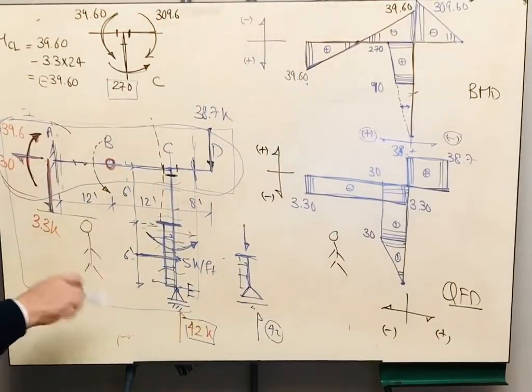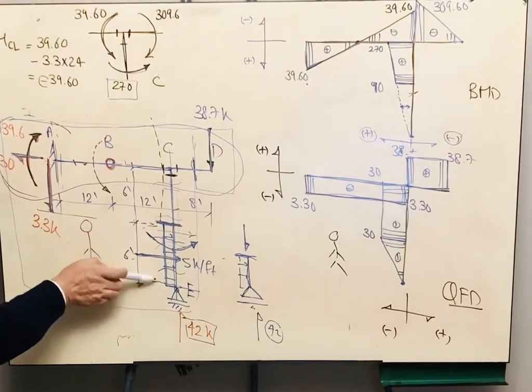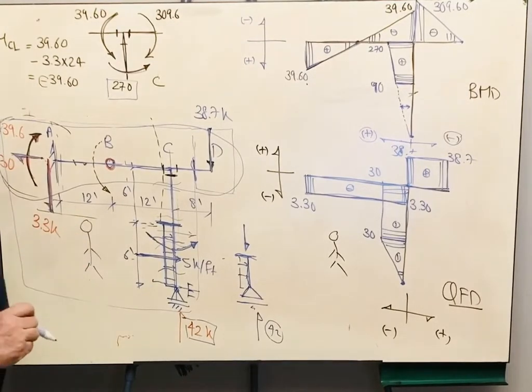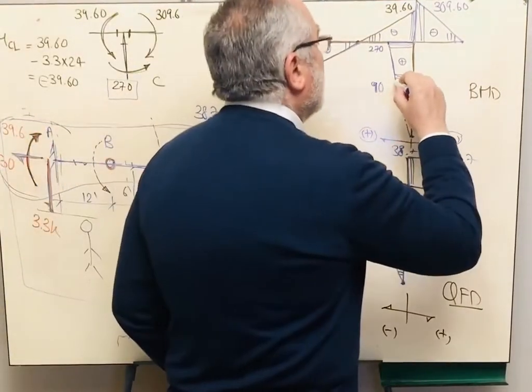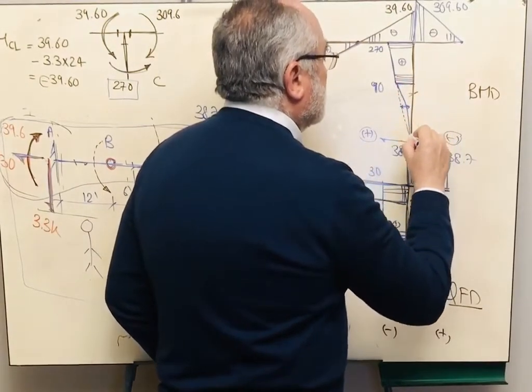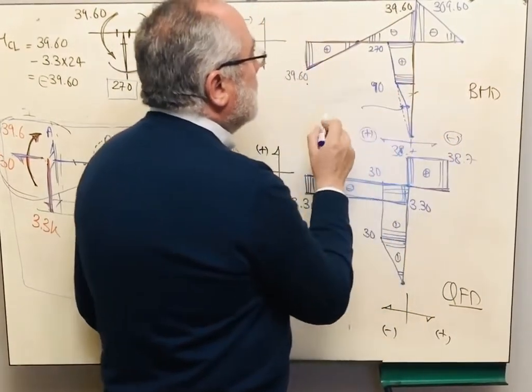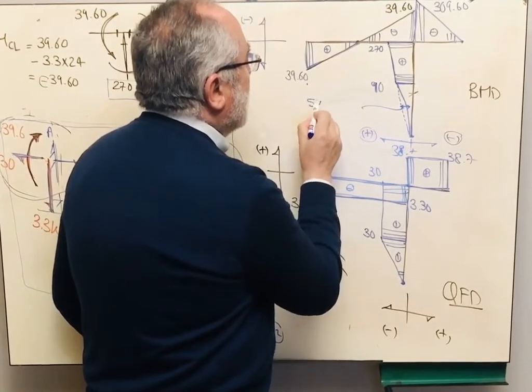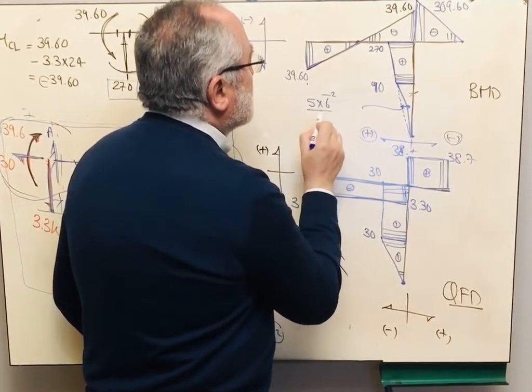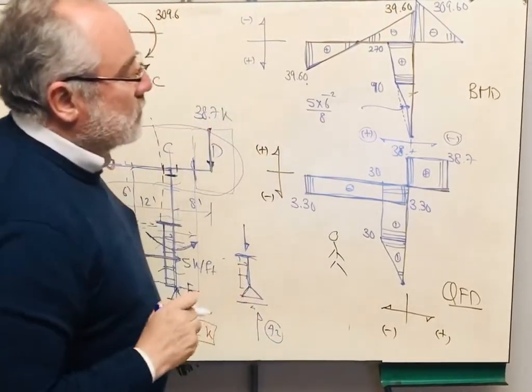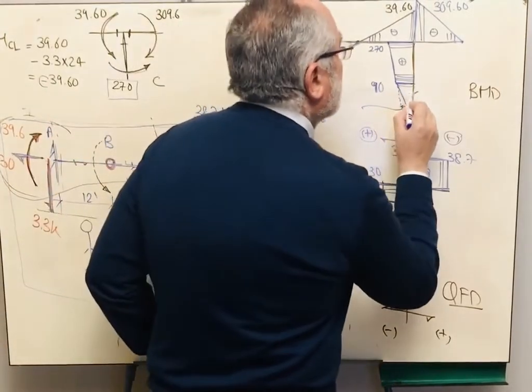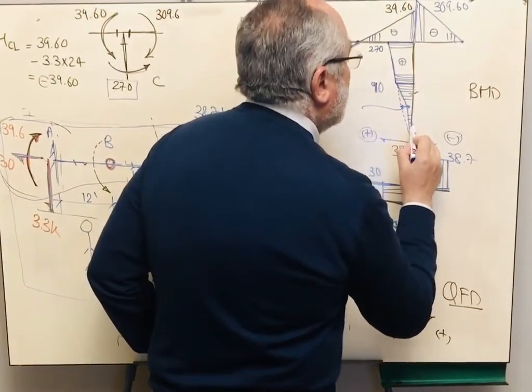It is WL square over 8. We are having W is 5 and L is 6. Therefore, if you draw the parabola, it will be like this, and the magnitude is 5, which is W, times 6 square over 8. Okay? So finally, the bending moment will be like this.